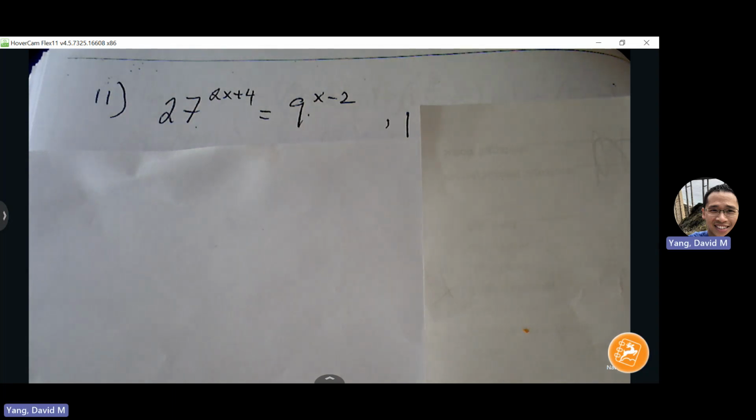Has the same idea as before. Double check, six works with both of my parentheses, so that's valid.